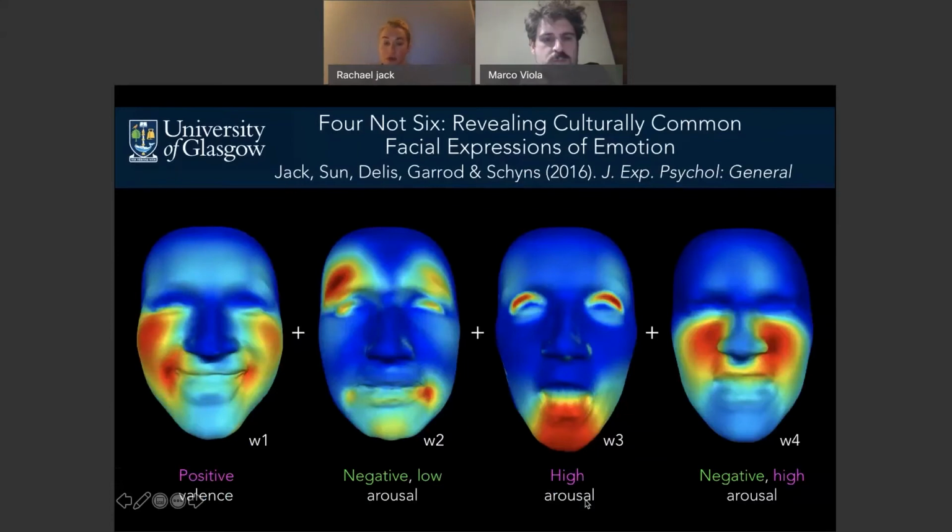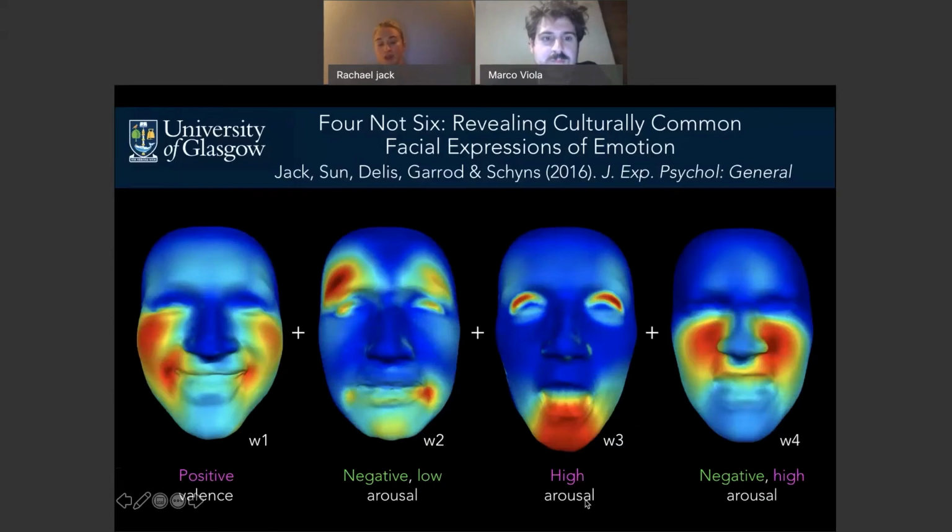This is why the paper is called 4, not 6. We found 4 core latent expressive patterns that subtend this wide variety of different facial expressions of emotion. So we found that each of these expressive patterns, which were common across both cultures, each one corresponds to emotions that have a specific valence and or arousal.